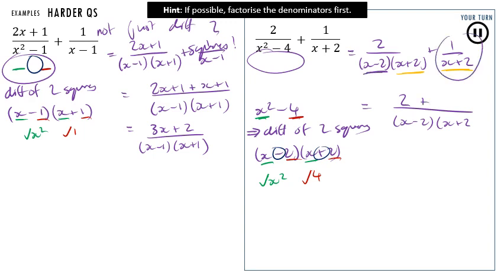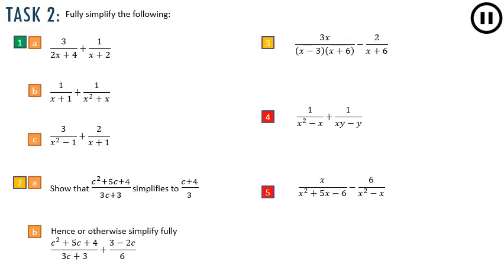So that's going to be 1 lot of x minus 2, and we just need to tidy it up. And that's as far as we can simplify our answer. So pause the video here and have a go at task 2.